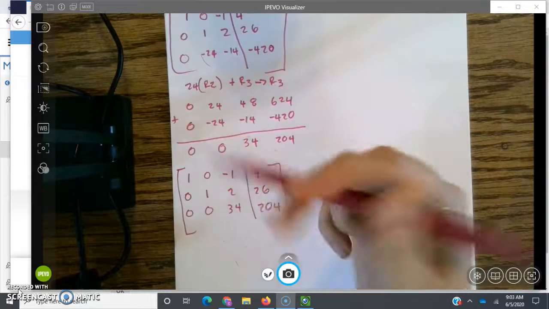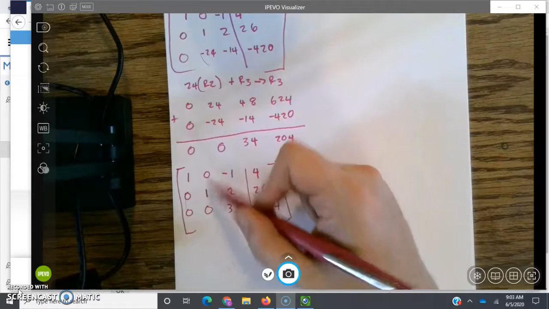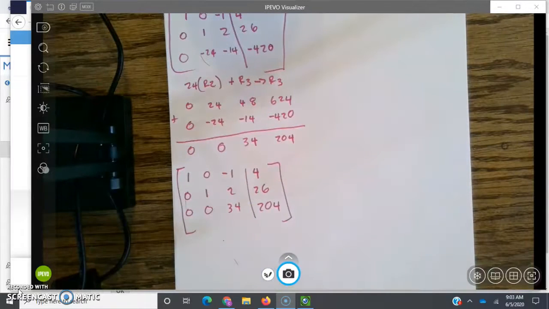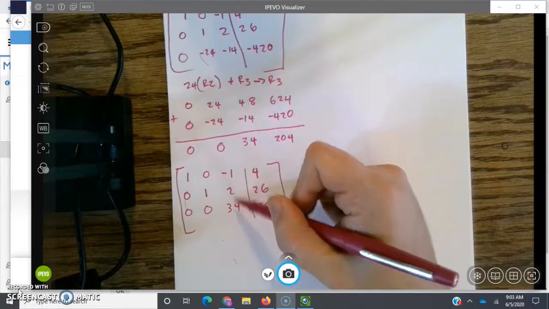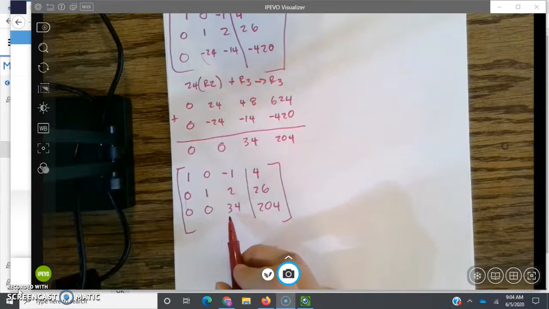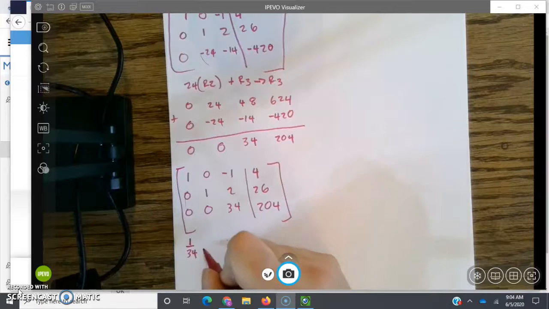Okay, so we have 1 with zeros below it in the first column, and 0, 1, 0 in the next column. And then the next thing we'd want to do is to get it to look like 0, 0, 1. So that's our next goal here. In this last row, to make 34 into a 1, we want to take 1/34 of it, or divide it by 34.